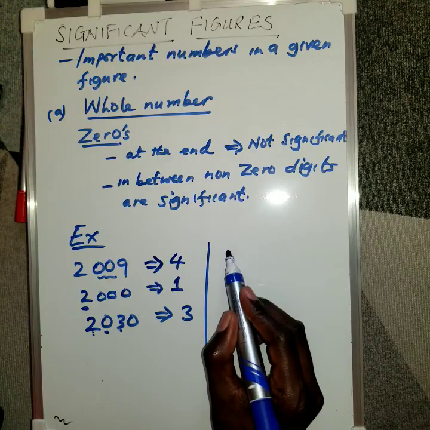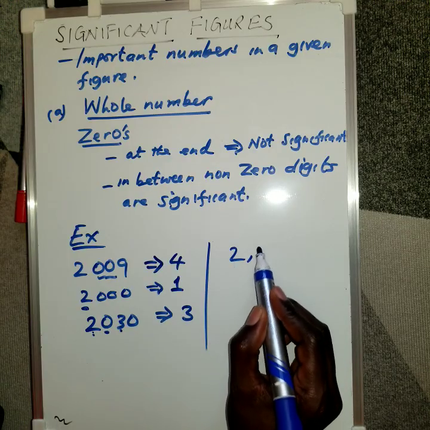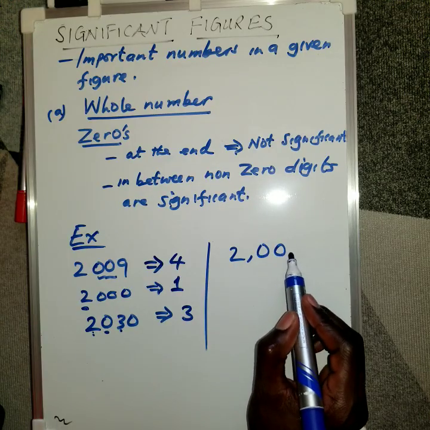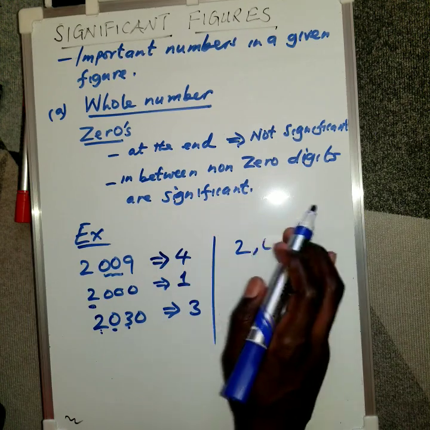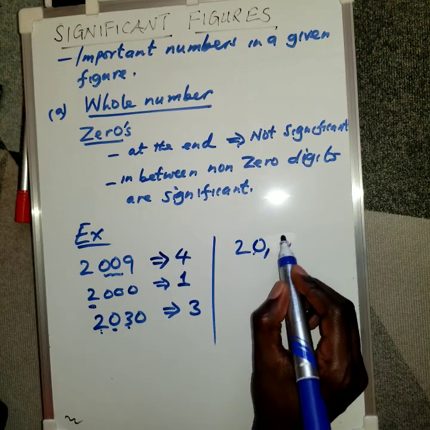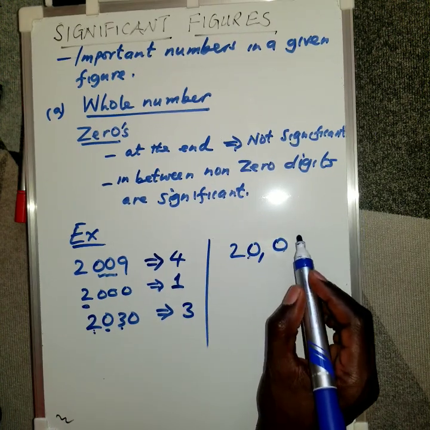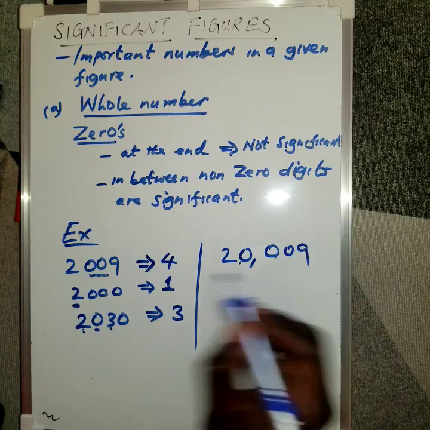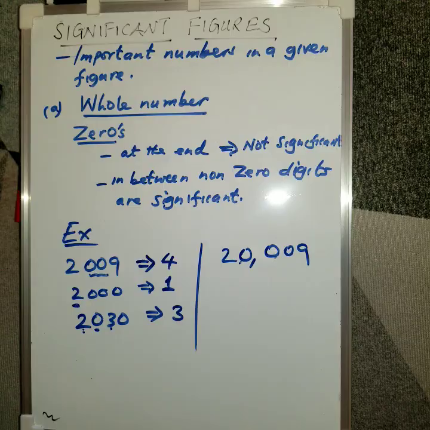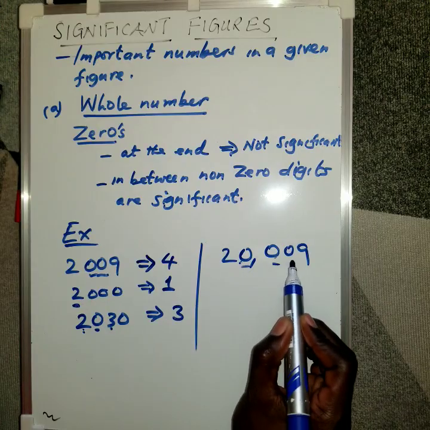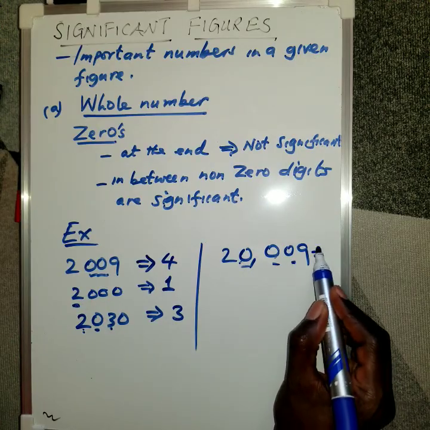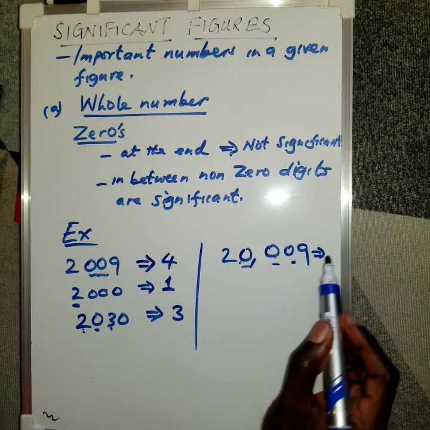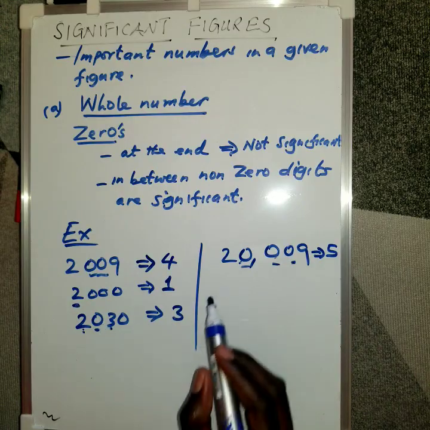All right. What about if I had a number that looks something like this? Let me say 20,009. How many significant figures are there? Of course, these zeros are simply going to be counted. It simply means there will be 1, 2, 3, 4, 5. So there are 5 significant figures.